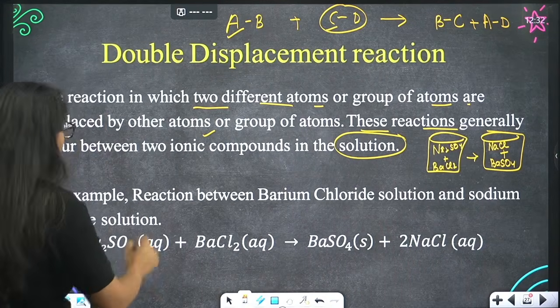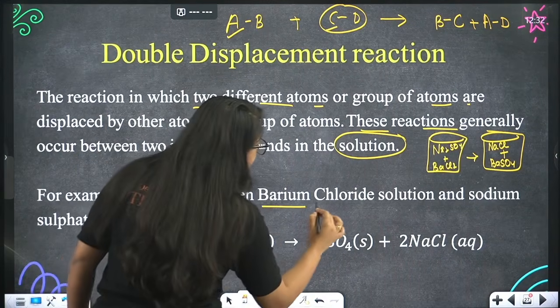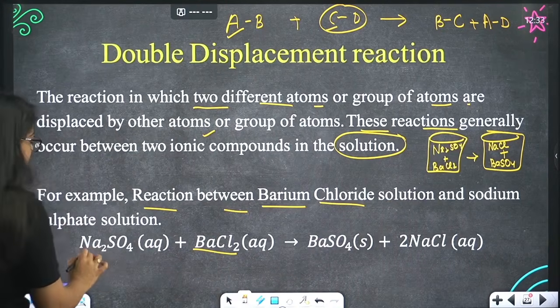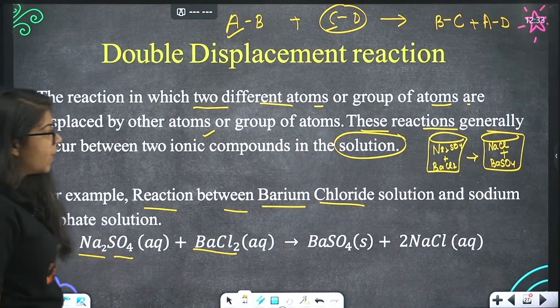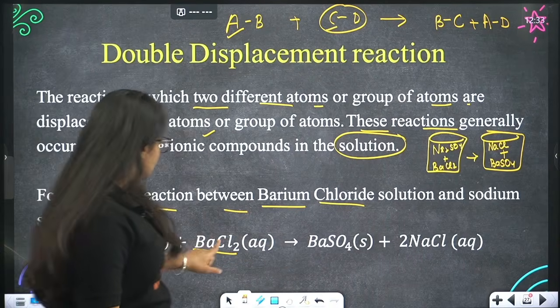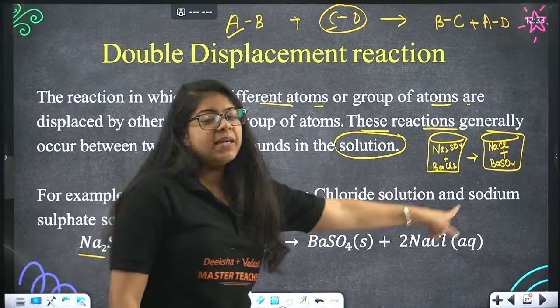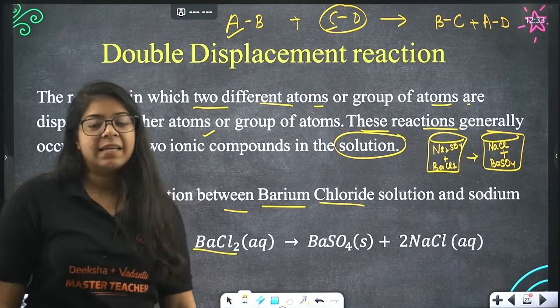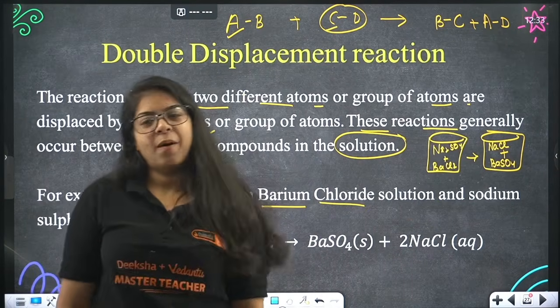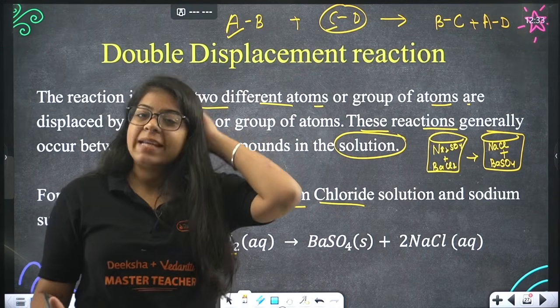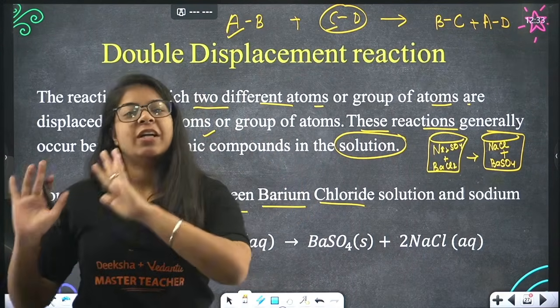Reaction between barium chloride, BaCl2, and sodium sulfate solution, Na2SO4, gives beta BaSO4. Ba goes to sit with SO4, Na sits with Cl. BaSO4 plus NaCl is your final compound. Done? Understood? That was the 4 reactions we were going to study today.